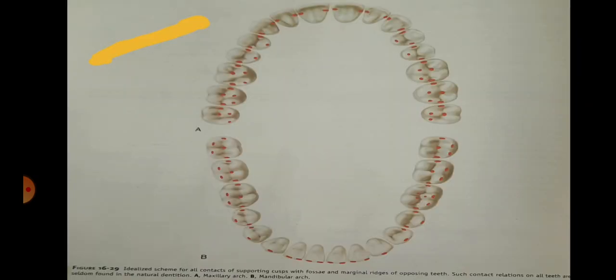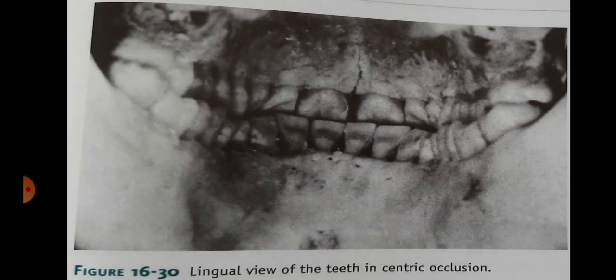The lingual views of the occlusal relations with the teeth in centric occlusion are provided in figure 16.30. They show the intercuspation of lingual cusps and how far the maxillary teeth occlude laterally to the lingual cusps of the mandibular arch.